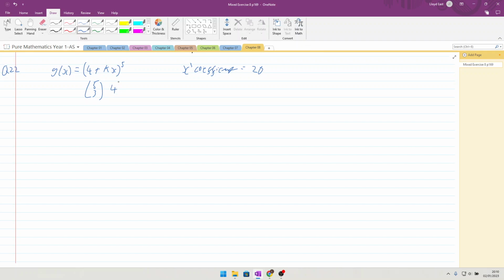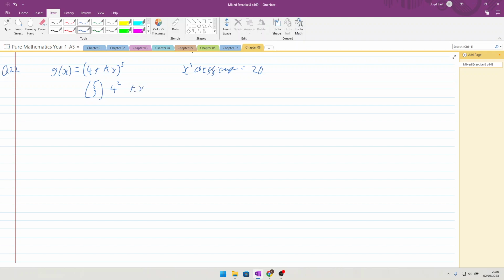The 4 starts at 4 to the power 5, and then 4 to the power 4, 3, 2, 1, etc. as we go down. So from the 0 has 5, the 1 has 4, 2, 3, so we're on 4 squared. And then counting these up, 0, 1, 2, 3, it's kx to the power 3.